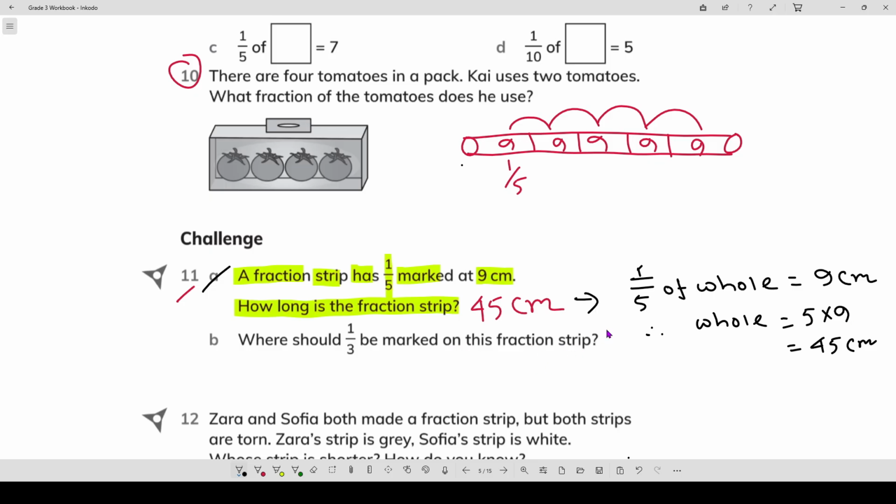The total is 45 centimeters. We can write 1/3 of 45. It will be 45 divided by 3, which is 15. So 15 centimeters. Very simple.